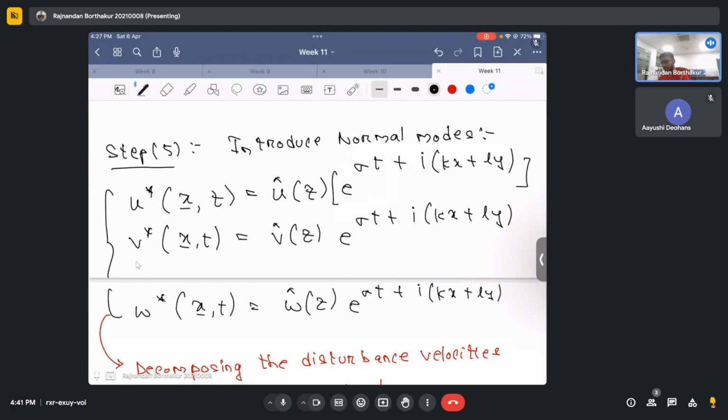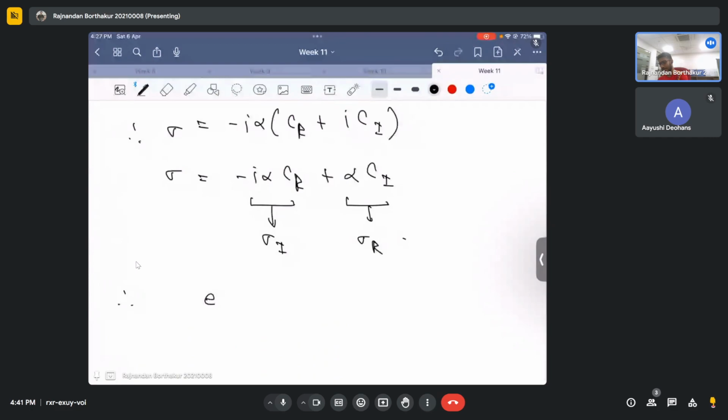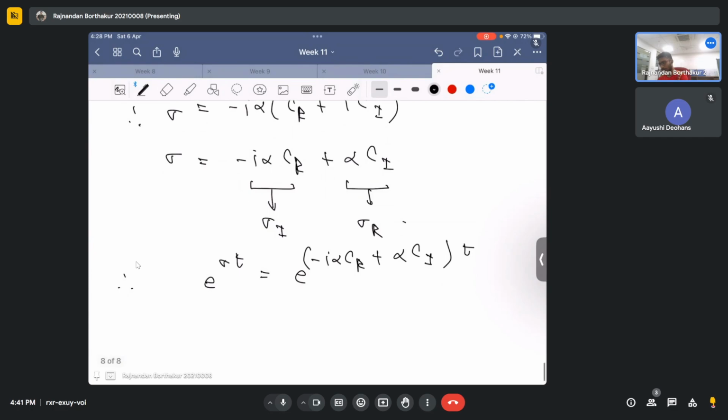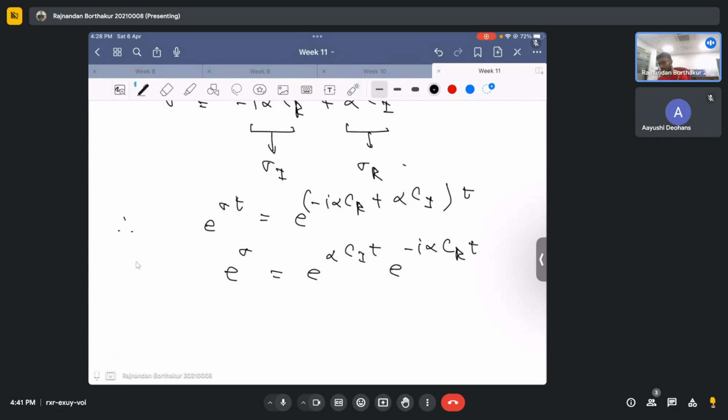If I evaluate this e power sigma t and write sigma in this form, it is minus i alpha c_r plus alpha c_i, times t. I can write this as e power alpha c_i t times e power minus i alpha c_r t. I hope the math is clear.